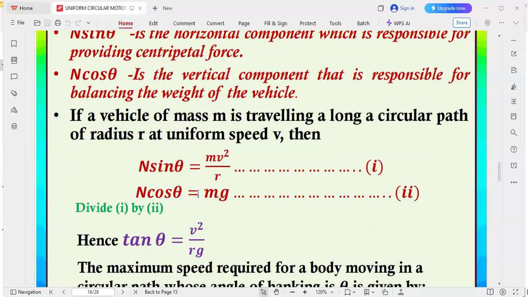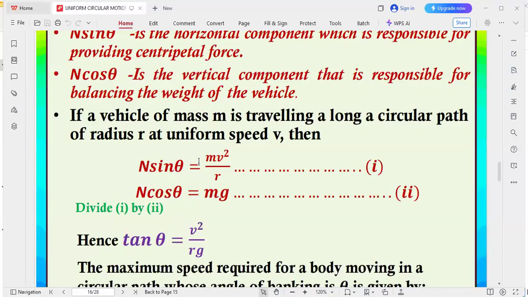So tan theta equals n sine theta over n cos theta, that is centripetal force divided by reaction.